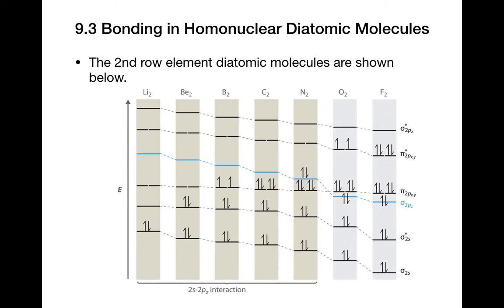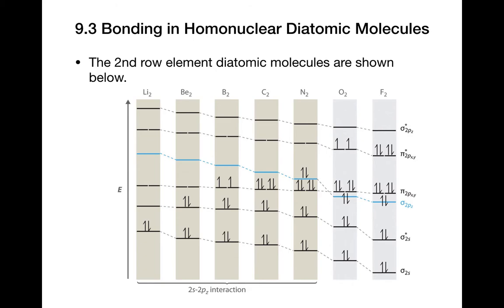However, that interaction is lessened in O2, and in fact, sigma 2p is lower energy than pi 2p for O2. You might wonder, how do they know this? In fact, graphs of PES data on these molecules can verify these different energy levels.